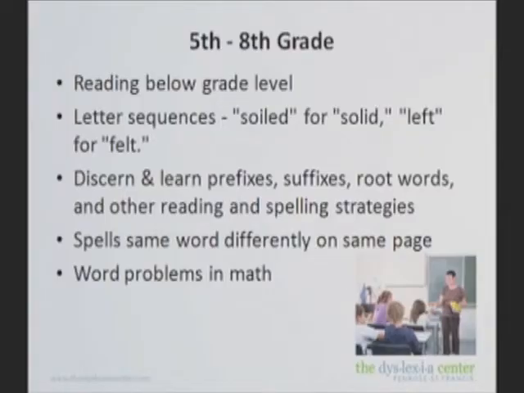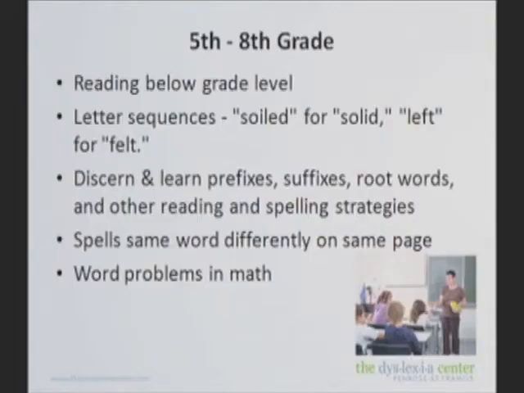5th through 8th grade difficulties, generally reading below grade level, but not always. Some of them have developed amazing compensatory skills. So they may not be reading below grade level, but they are probably reading slowly, maybe not able to read fast enough to support their academic expectations.